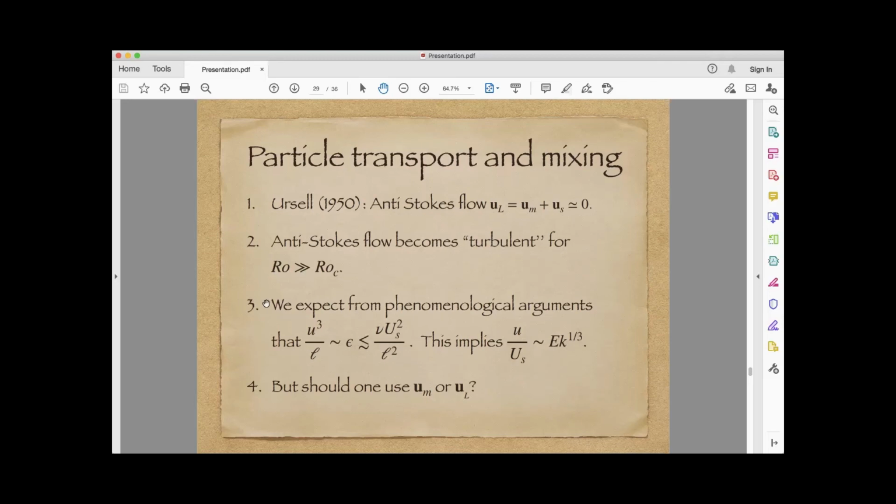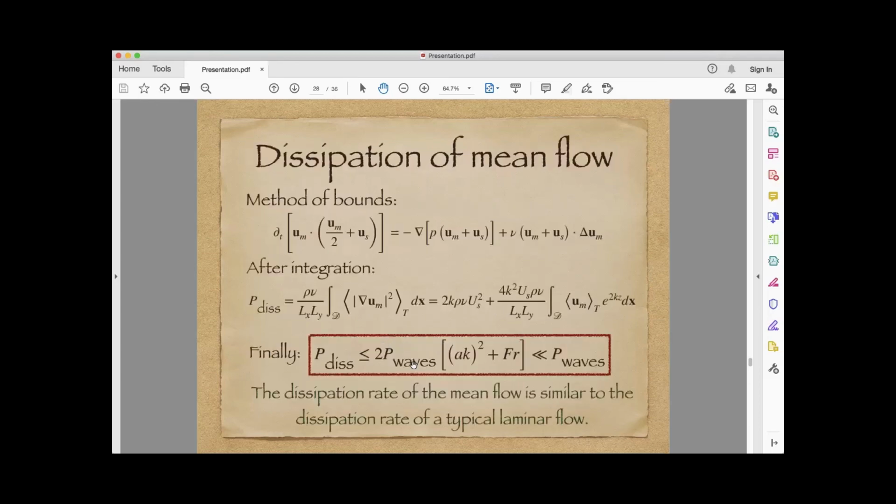And so now we can use some phenomenological arguments from turbulence. The turbulent dissipation rate is U cubed over L, which is proportional to the injection rate. This is the phenomenological turbulence argument. But the dissipation rate here, I just showed, is bounded by the viscosity.